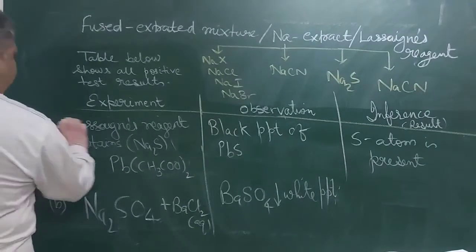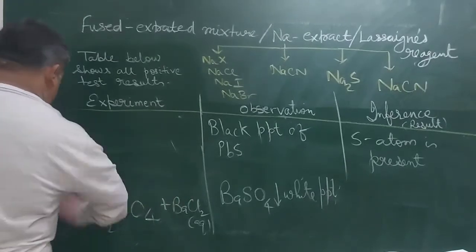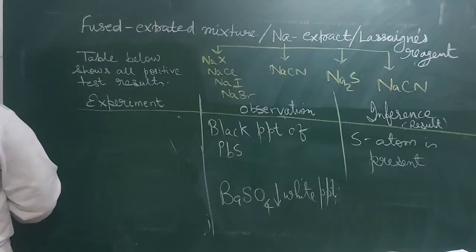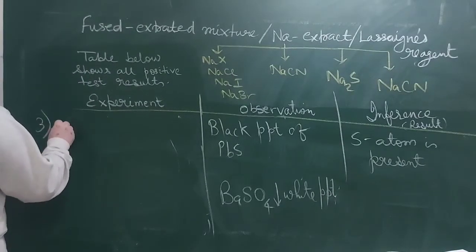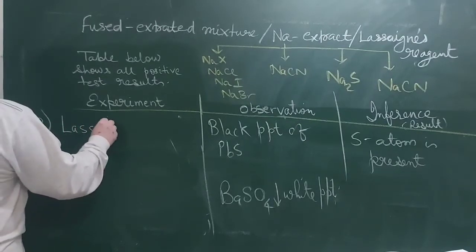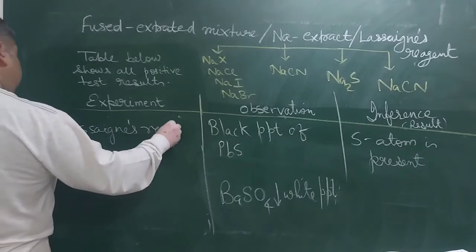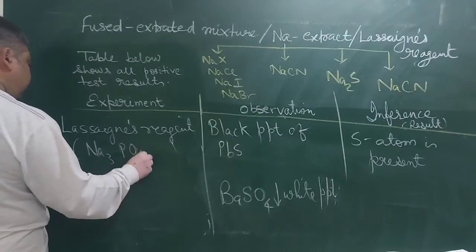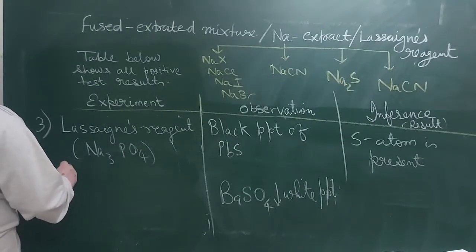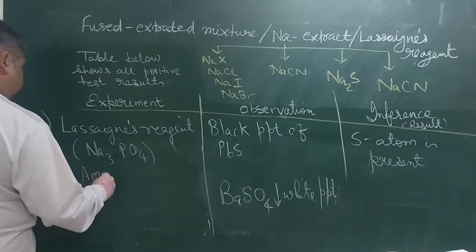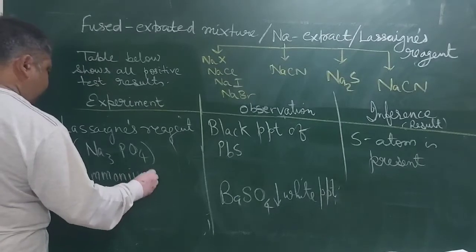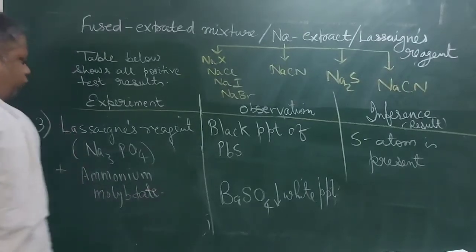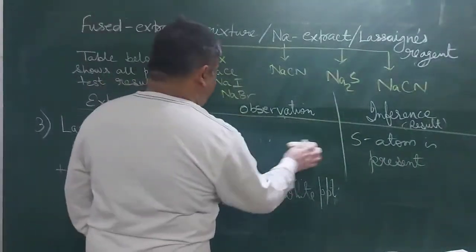Similarly, if Lassaigne's reagent contains sodium phosphate, then with ammonium molybdate, it forms canary yellow colored ammonium phosphomolybdate.